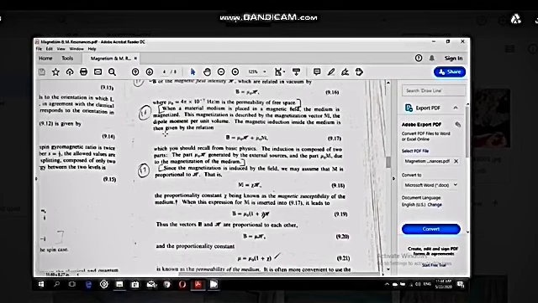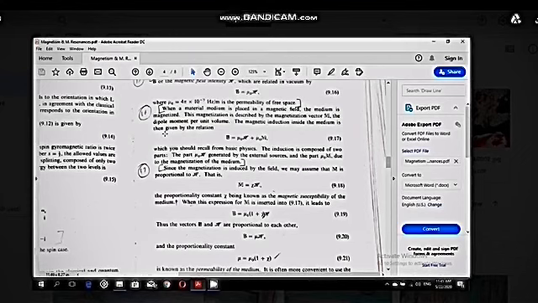Since the magnetization is induced by the field, we may assume that M is proportional to H. That is, M is equal to chi H. This chi is the proportionality constant here, and this is another magnetic parameter which we are going to define. This is known as the magnetic susceptibility of the medium. Okay.